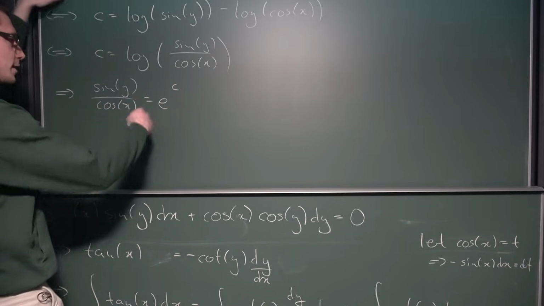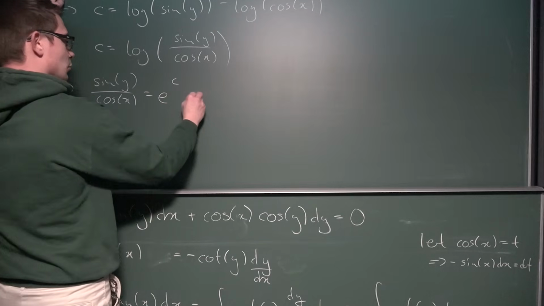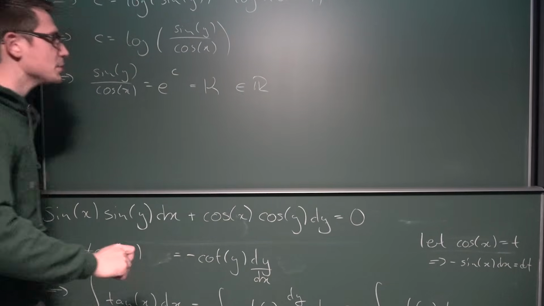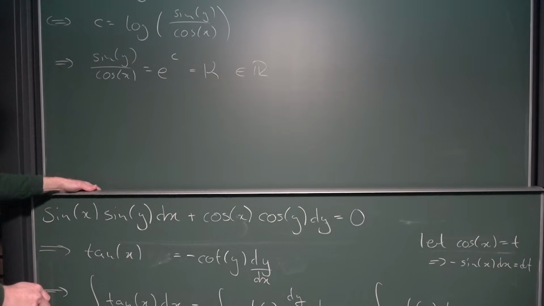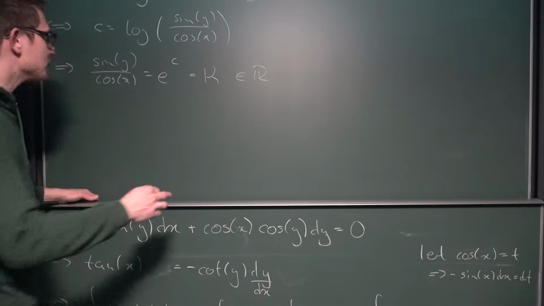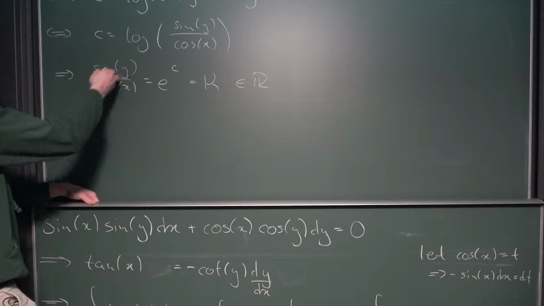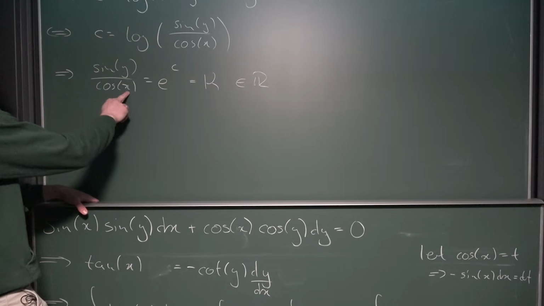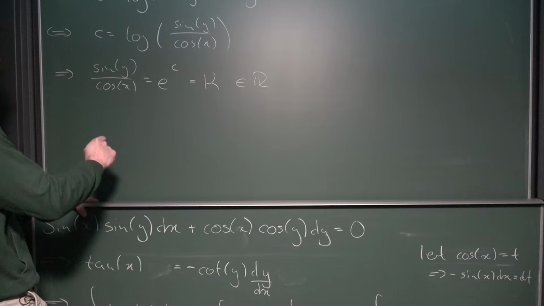And e to the c is yet another constant as usual, resulting in the constant kappa, where kappa is an element of the real or complex numbers. Really depends. Probably real numbers is better here right now because we are probably just using real arguments in here on the cosine and the sine.